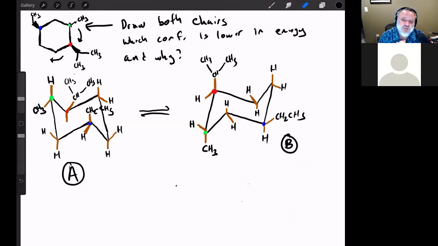So because the largest group in B is axial, along with the CH3 group, that causes 1,3 diaxial strain between both the isopropyl group and the CH3 group with the carbons at the 1,3 position.